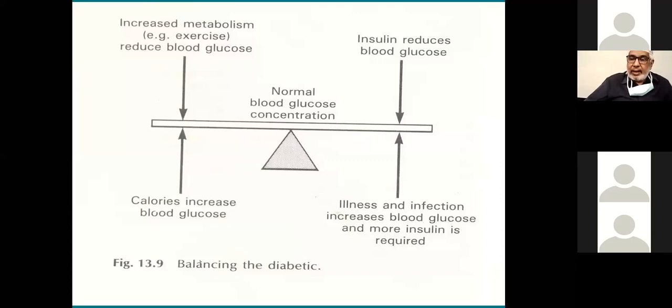And illness and infection increase the blood glucose and more insulin is required. If God forbid somebody is having some sort of infection or illness, one might have to increase the dose of insulin in those patients, because illness and infection increase the blood glucose and more insulin may be required for that particular patient.